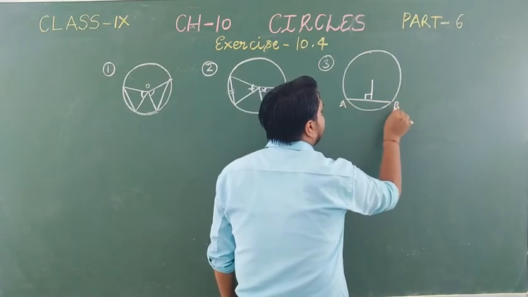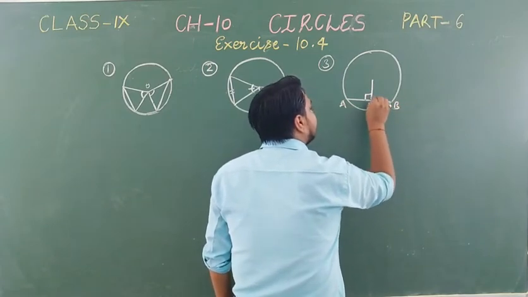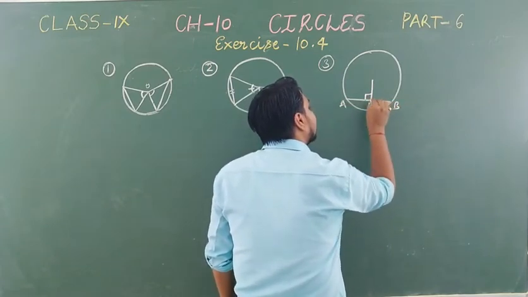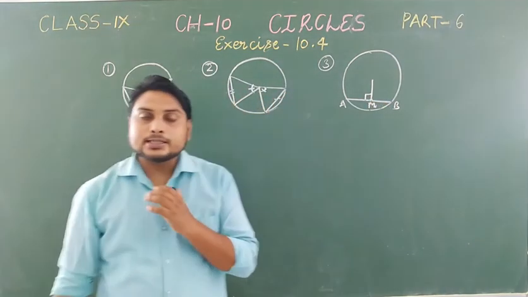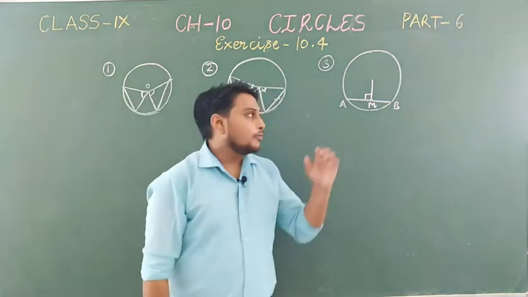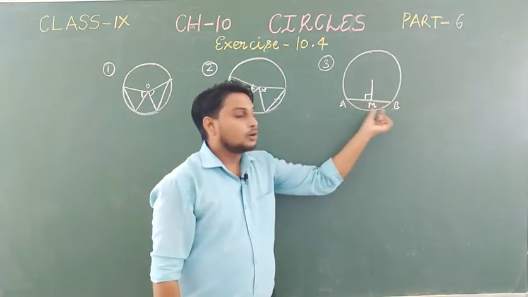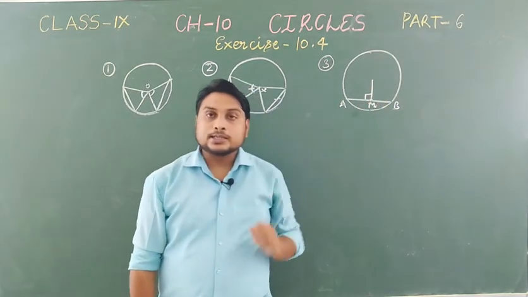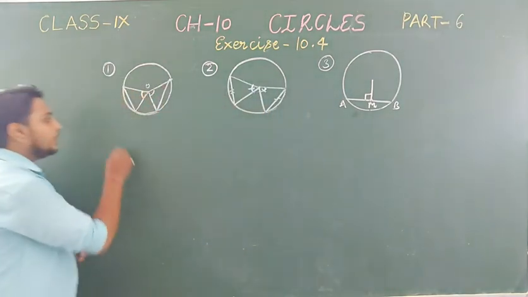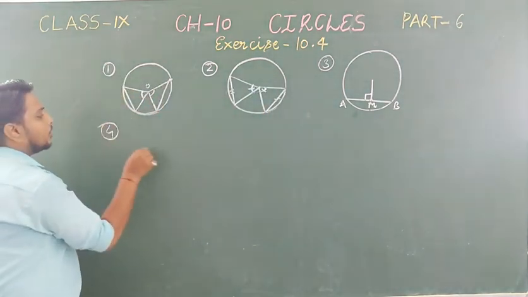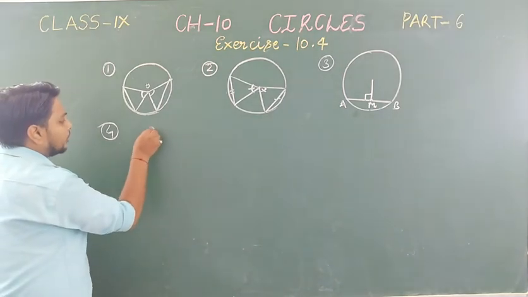Suppose the chord is AB, then the point where the perpendicular intersects the chord is the midpoint. So we have studied the statement that the perpendicular to a chord from the center bisects the chord.